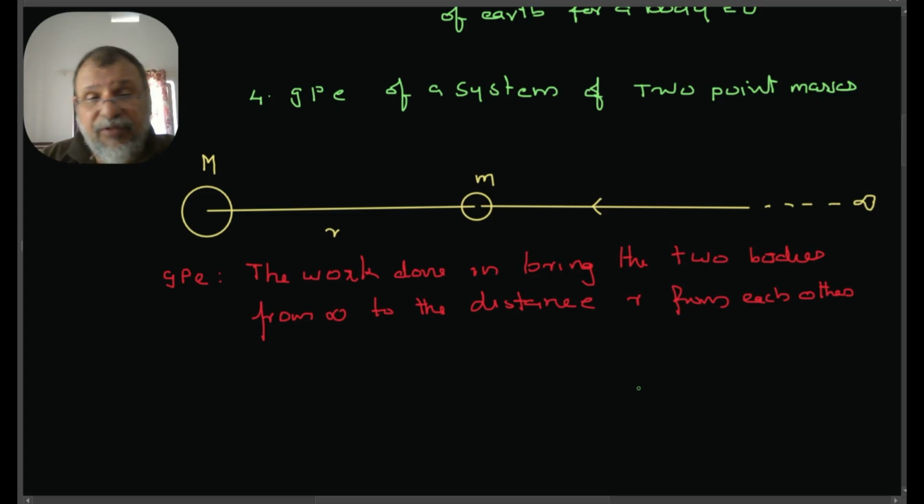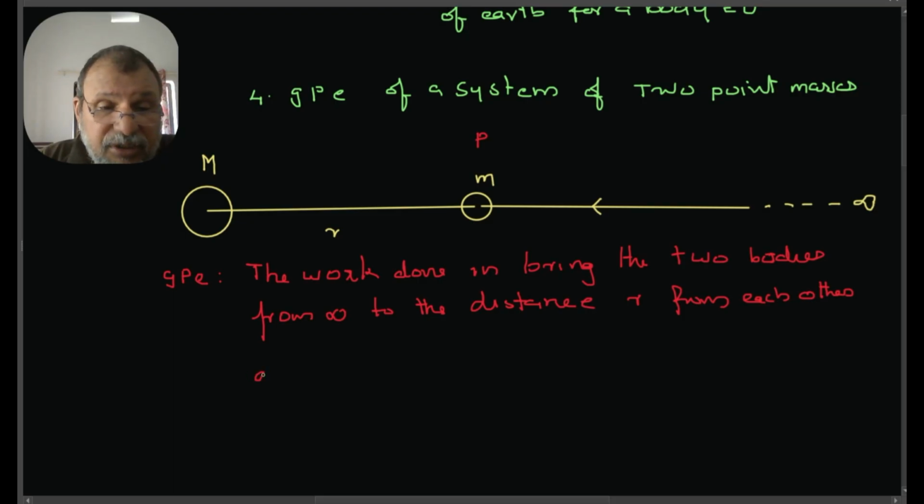This is the idea. And now we can assume that we take one of the bodies and move it from infinity all the way to the point. We call this point P if you wish. It makes it easy for you. And we can just work out the standard relationship. What is it?